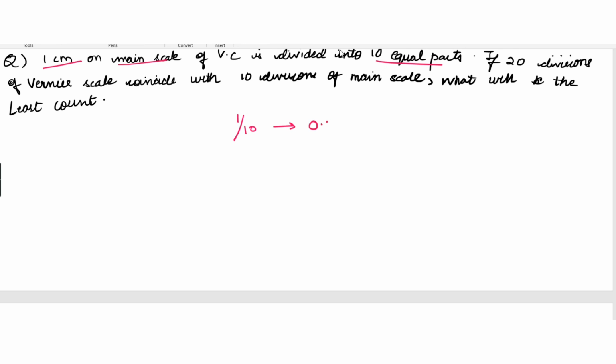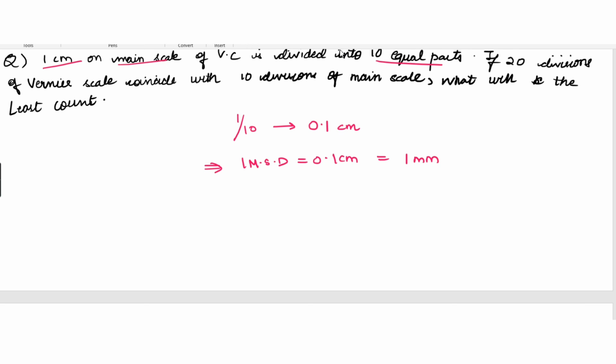That 1 centimeter on the main scale is divided into 10 parts. So 1 by 10, 0.1 centimeter. From this we understand that 1 main scale division is 0.1 centimeter or 1 millimeter. That is the first thing which we can obtain from the question.